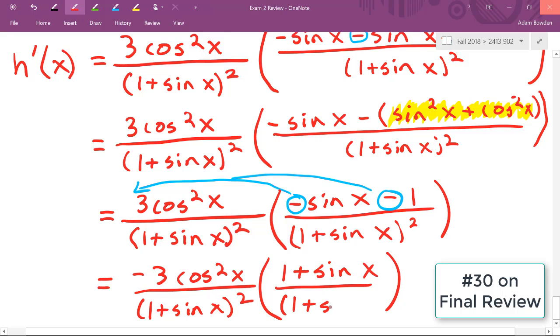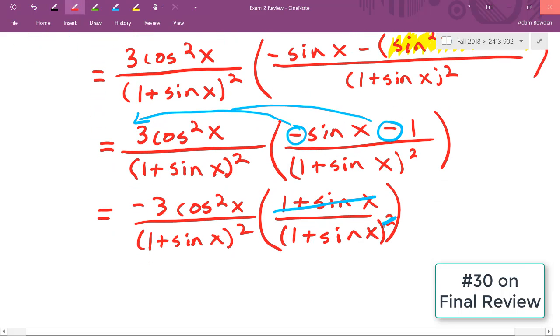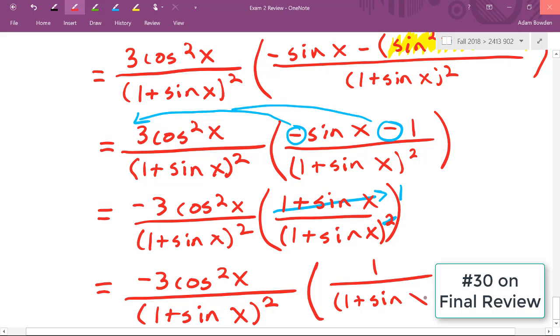That's cool because now it can cancel out with the denominator. This 1 plus sine x will reduce away from the denominator, leaving us with just one thing underneath, and on top it'll just cancel out to be just 1. So this is going to turn into negative 3 cosine squared x all over 1 plus sine x all squared times 1 over 1 plus sine x.